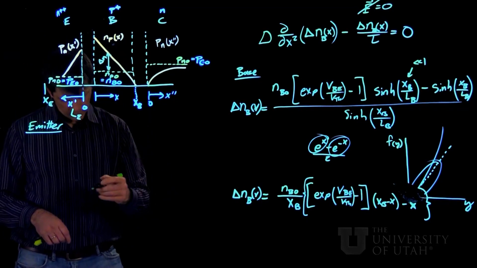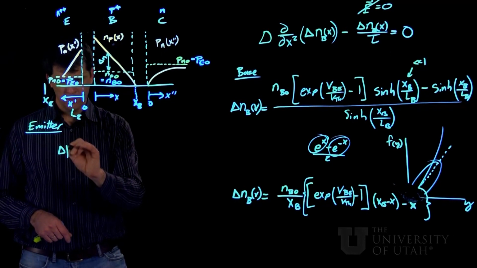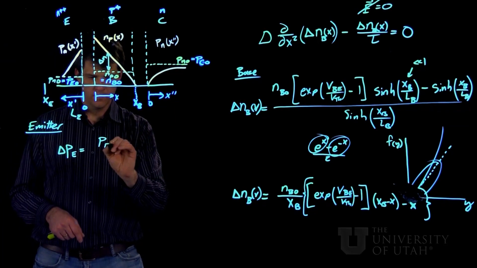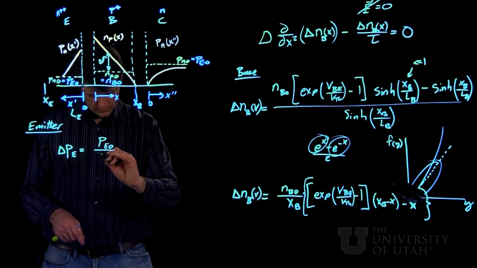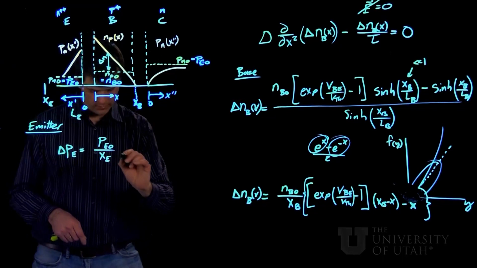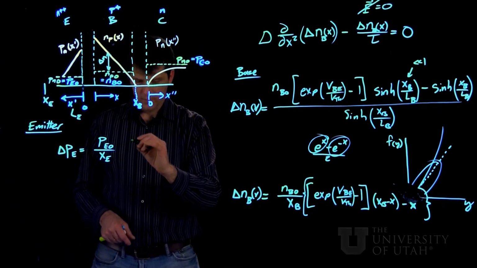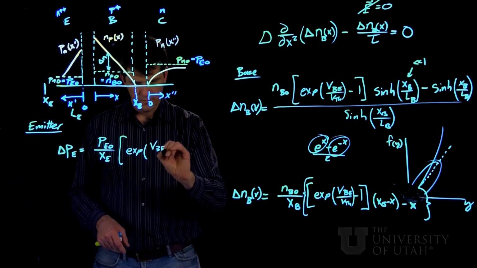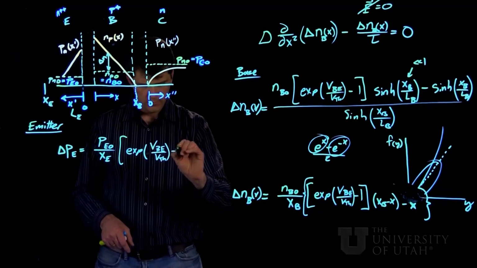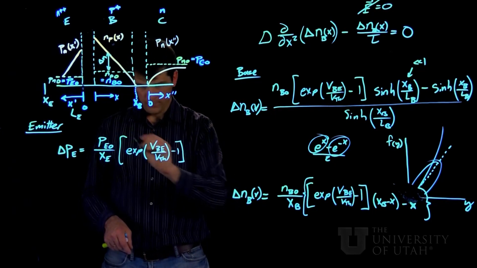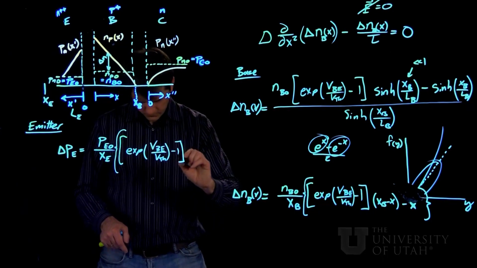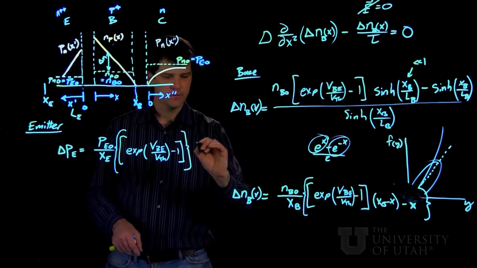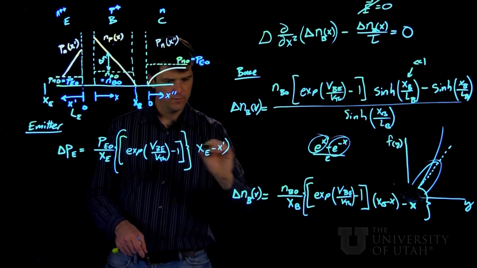When you simplify it down, we can get a very similar expression here: you're going to have P_E naught over the thickness of the emitter, and then the base-emitter voltage over the thermal voltage, minus 1, and then times x_E minus x prime here.